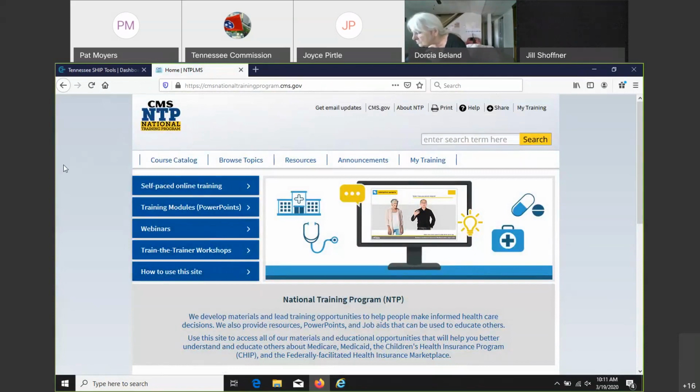Now, what we have to do in order to get these is we do have to have an account on this website. If you have not set up an account with the CMS website, you will need to do that. But since I've got this right here, you can look at the different things that are offered here.